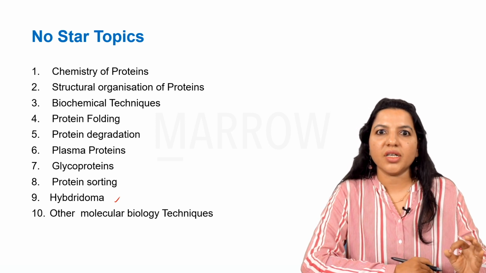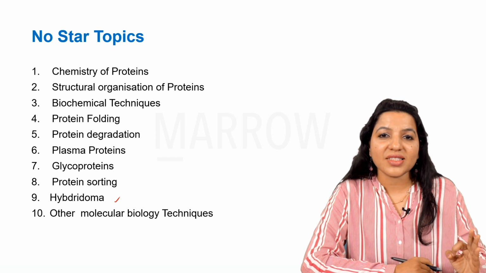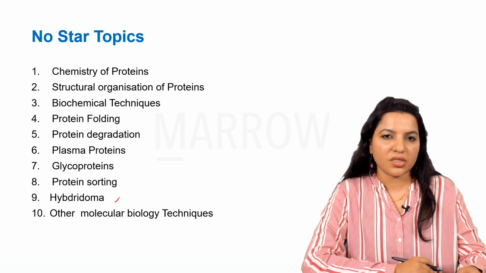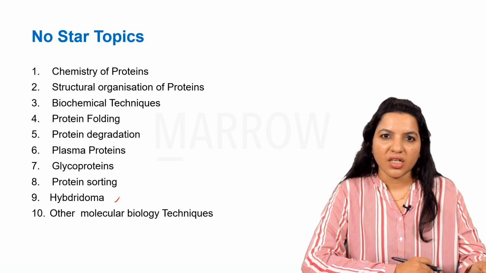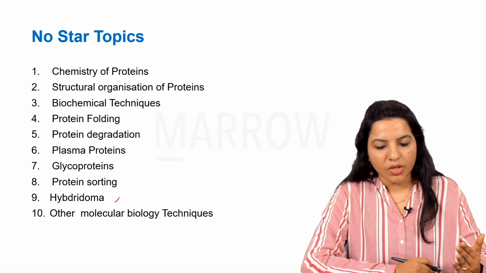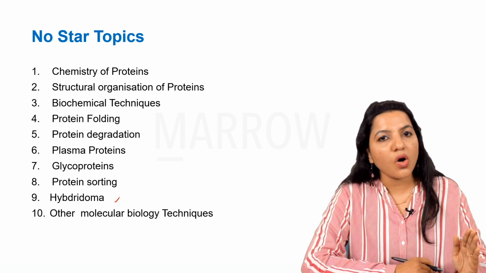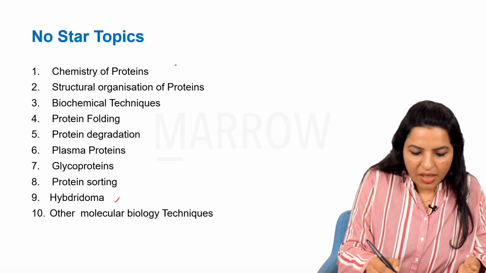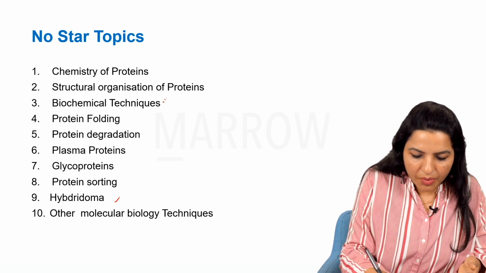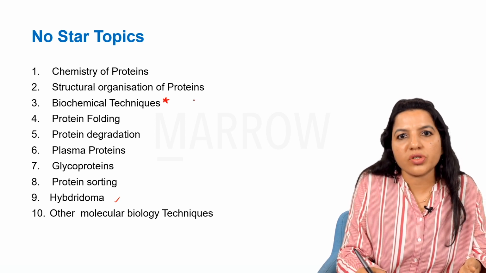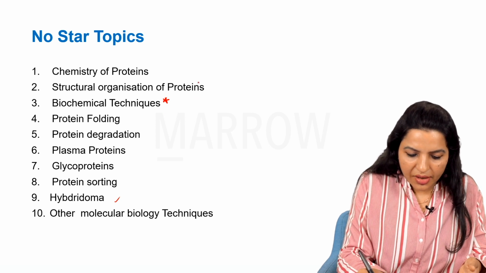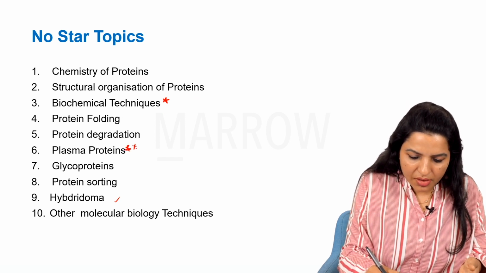But I should say, for Central Institute exams like AIIMS and PGI, you have to read all these things, especially biochemical techniques like chromatography, electrophoresis, then plasma proteins.